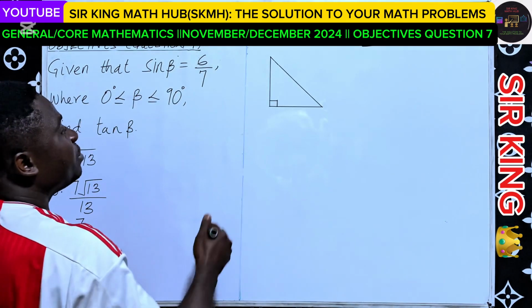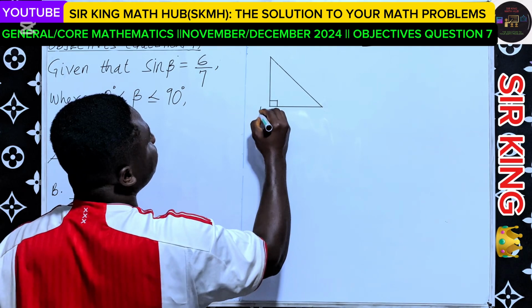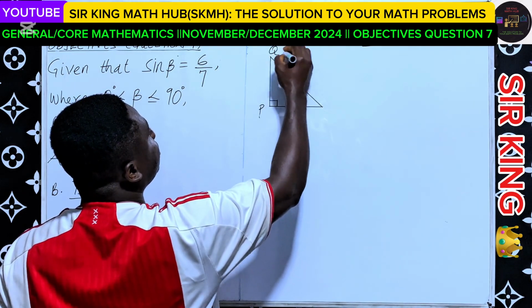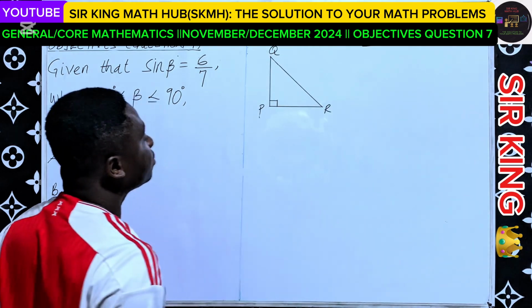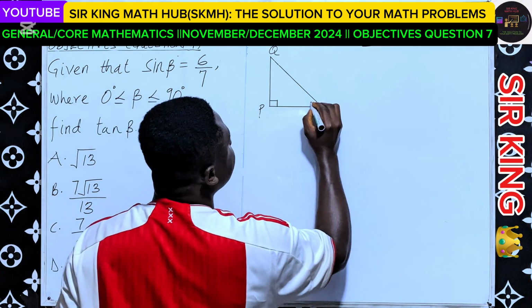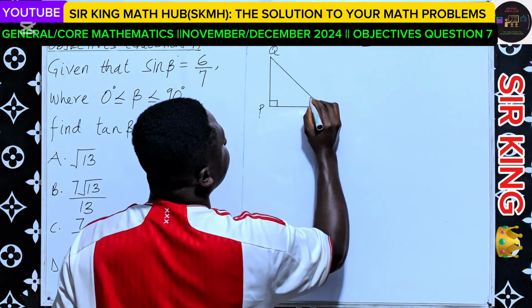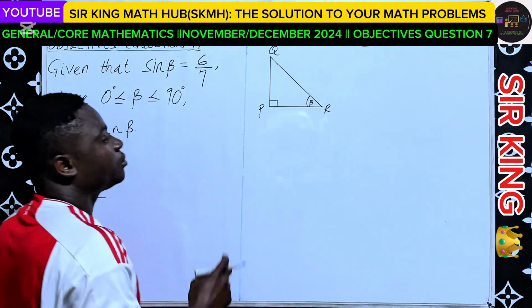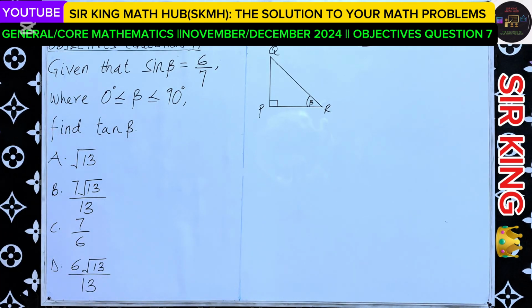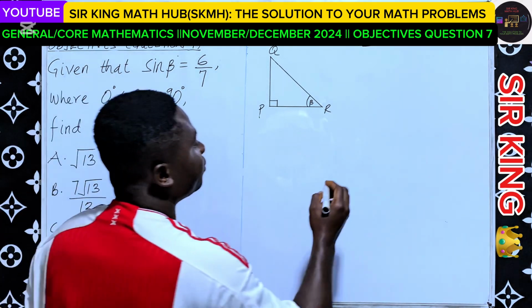First of all, I'm naming this right angle triangle as triangle PQR, and then I'm putting the acute angle beta there.